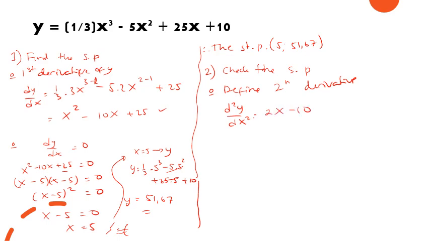That's all. Now check x stationary 5 in d quadrat y over dx quadrat, and that will be 2 times 5 minus 10. It's 0, so this is an inflection point.